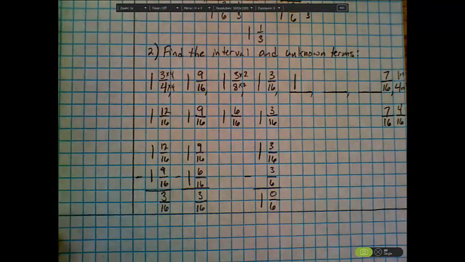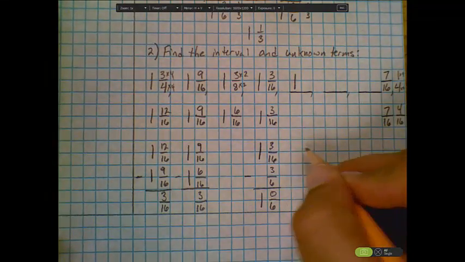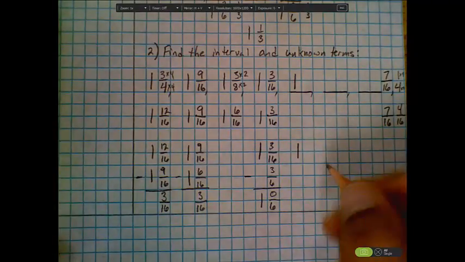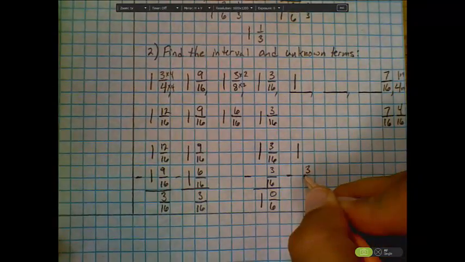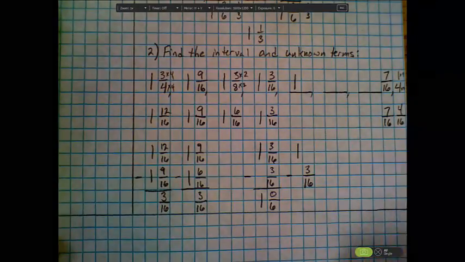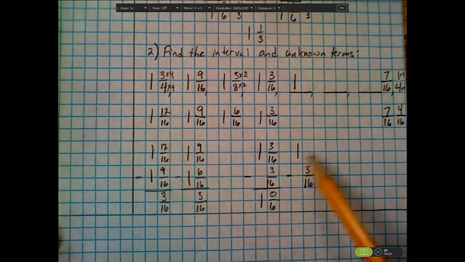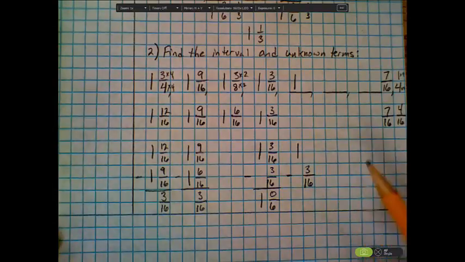Let's find the next unknown value. So we have the number 1, and we're going to subtract 3/16. Alright, well, there's nothing here, there's no fraction here, so we're going to have to borrow.